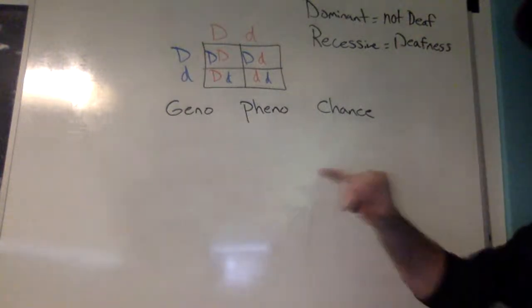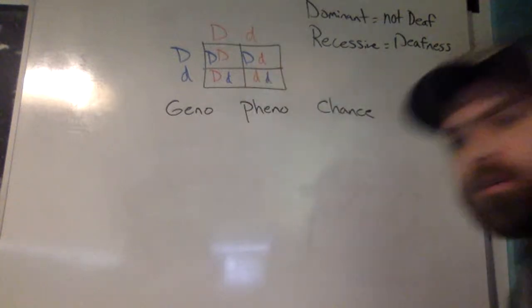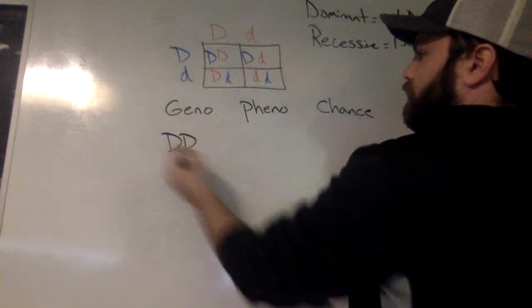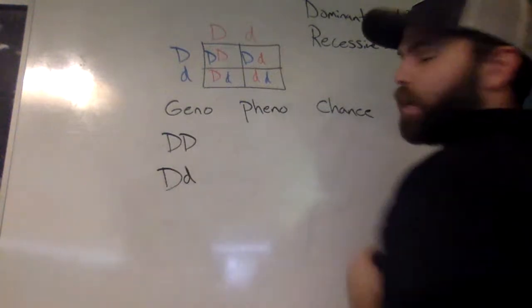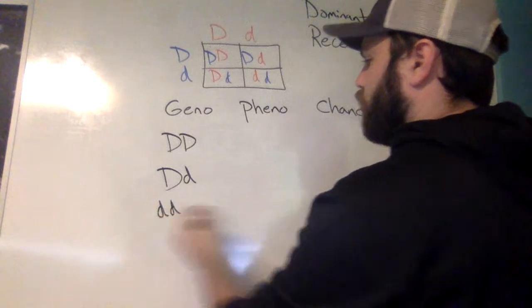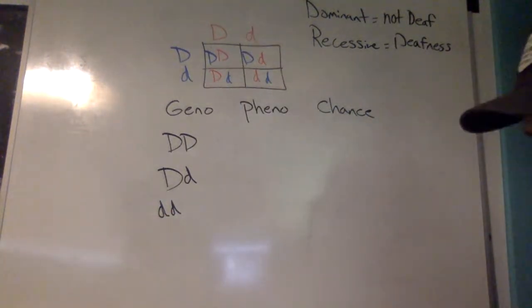So now let's put all the different genotypes that we can have. How many different genotypes are there in this? Let's look at the first box. We got 2 capital D's. Go to the next one. We got a capital and a lowercase. And then we have 2 lowercases. Those are the only 3 combinations that we have in this.